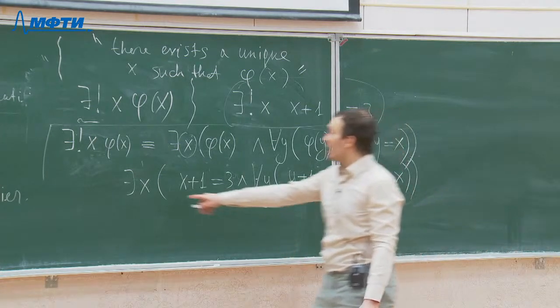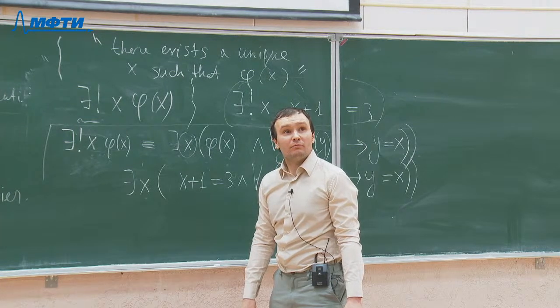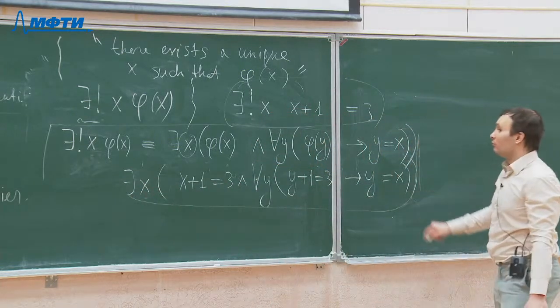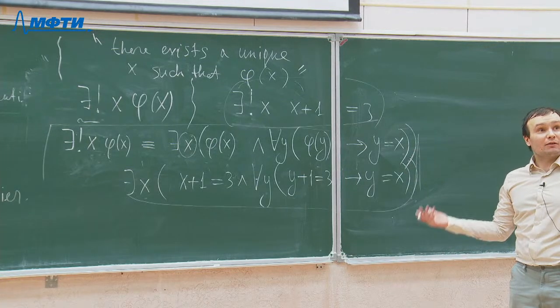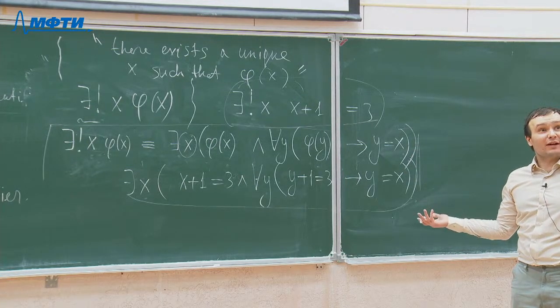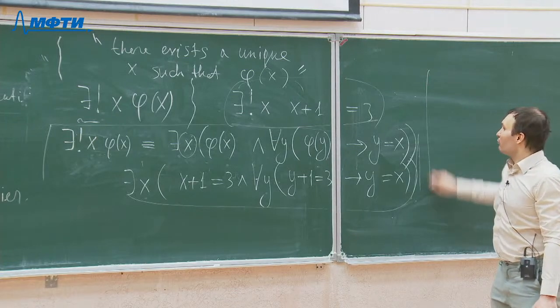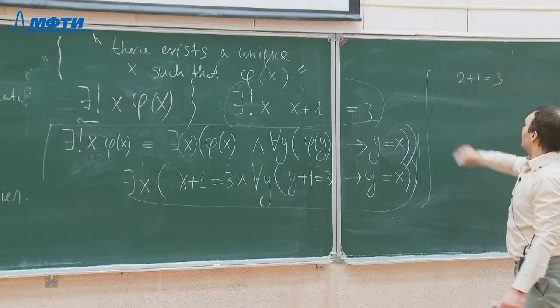Which x can we take here? 2. Of course. But what do we have for 2? 2 plus 1 equals 3.